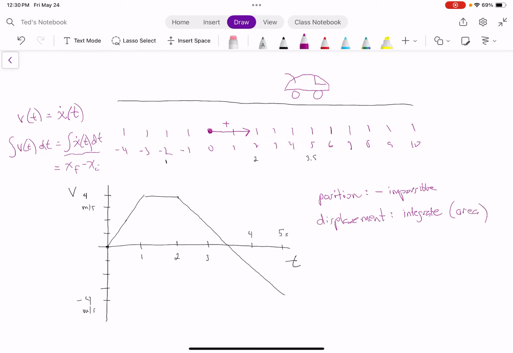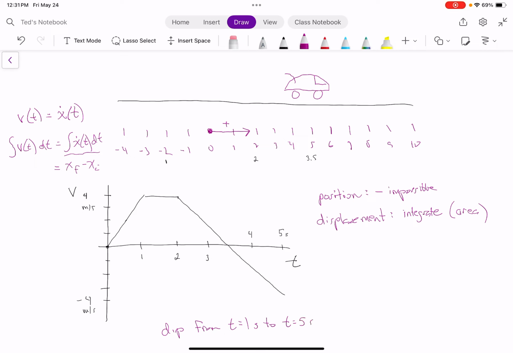So displacement, like average velocity and average acceleration, always has a starting and an ending time. So let's say we wanted to find the displacement from t equals 1 second to t equals 5 seconds.